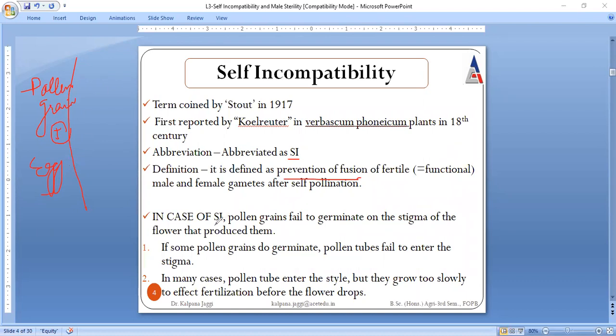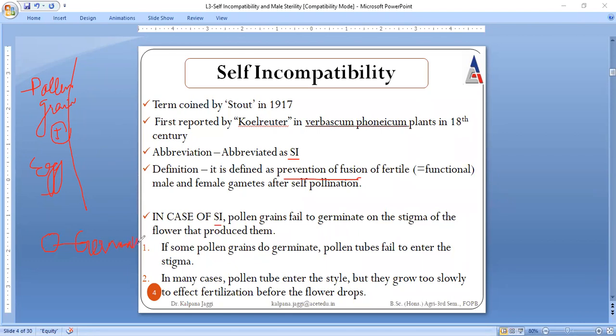So in case of self-incompatibility, the pollen grains fail to fertilize. We will discuss two cases of why there is no fertilization taking place. The very first case: the pollen grains, which are produced from microspores, germinate.